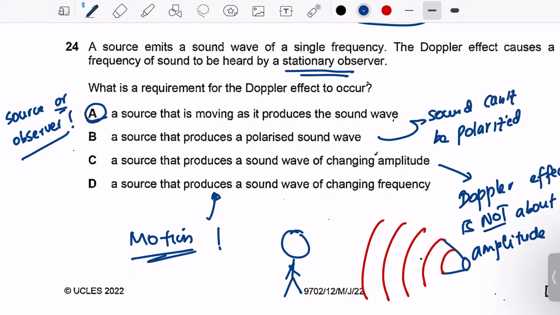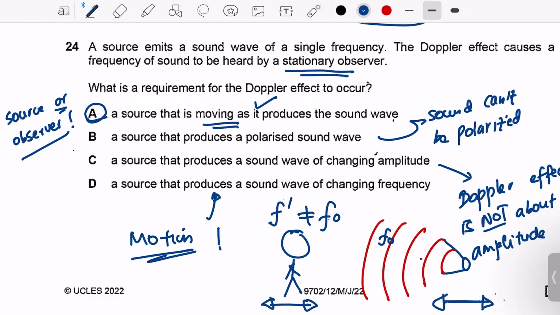The Doppler effect is, if the source moves towards or away from the observer, the relative motion creates the effect. The frequency the observer hears, if it is a sound wave, is not the same as the frequency released by the source. So motion is a must, otherwise there's no Doppler effect.